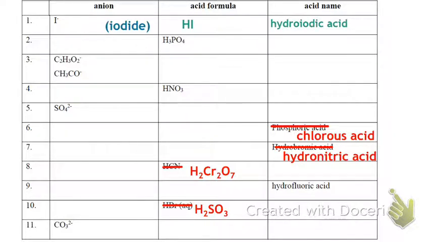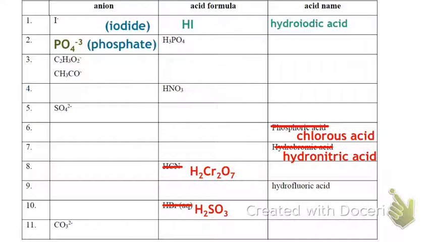Now, what if I'm looking at the formula and I want to write the name? Well, even though I'm probably never going to ask you what the anion is, what you need to figure out is what is that thing in my acid other than the H. The H part isn't really the important part for naming. So when I'm looking at that PO4 part, that is a phosphate. And so if I'm trying to write this acid name, then I'm not going to start it with hydro because I've got some O's in my formula.